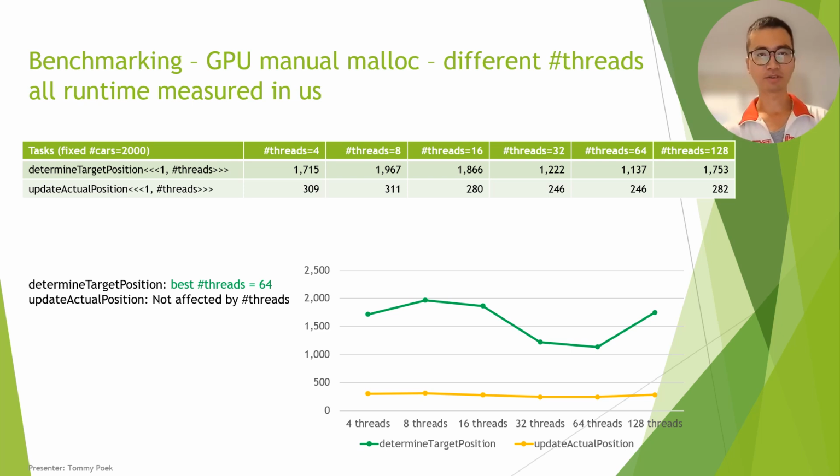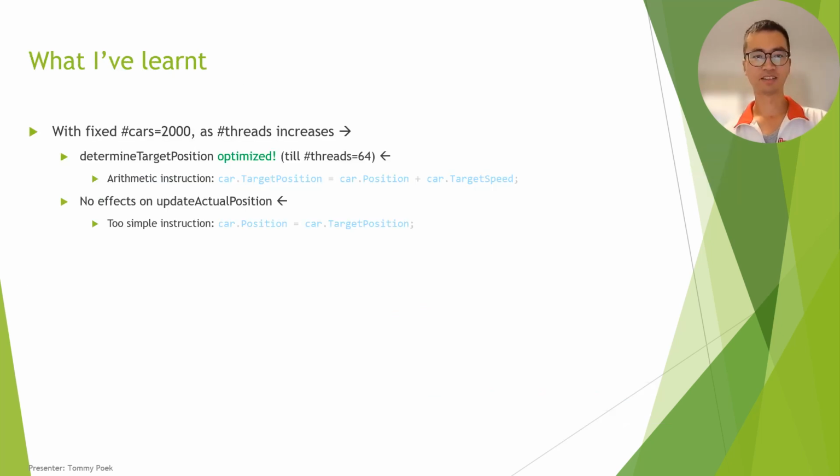With that, I also did a side experiment of trying different numbers of threads in the CUDA manual version, and these two subtasks are the ones impacted by the number of threads. We look at particularly only the first, determine target position, which has an optimal number of threads, as I experimented, of 64, and the second one doesn't have it.